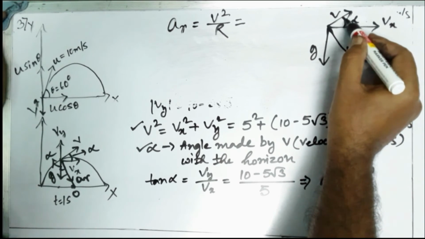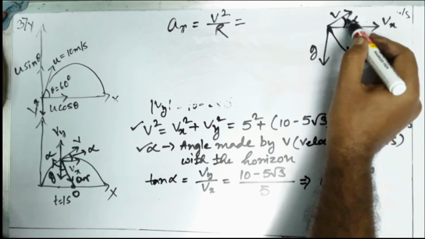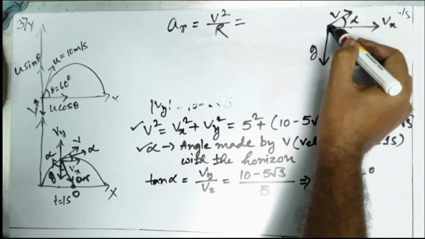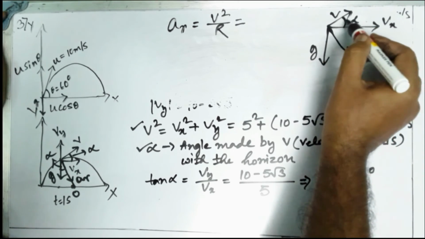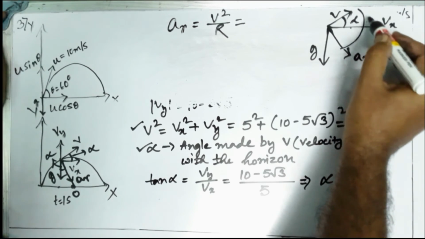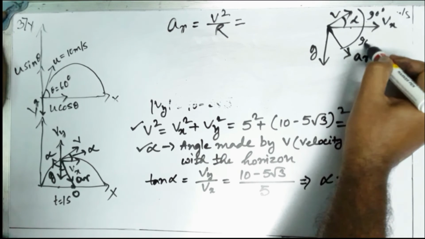We know that the radial acceleration is always perpendicular to the velocity. So the angle between V and AR is 90 degree. This whole angle is 90 degree, so this angle is 90 minus alpha.